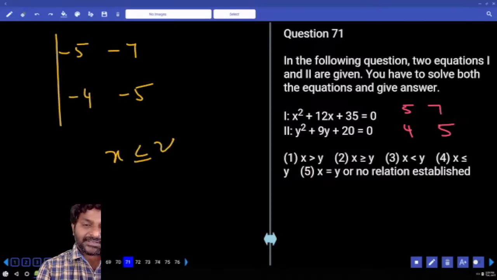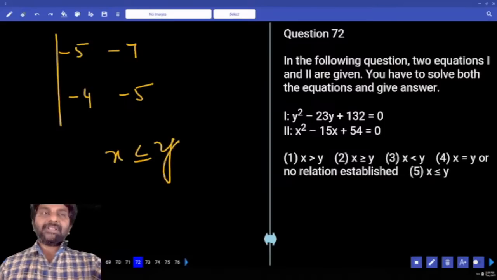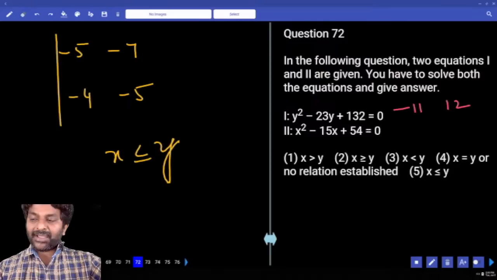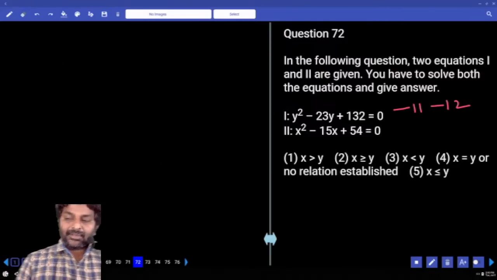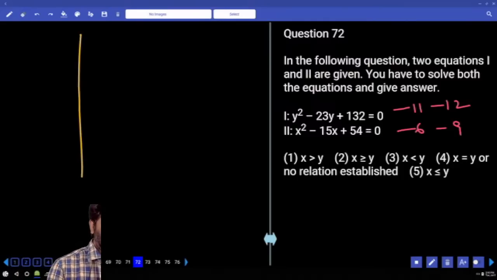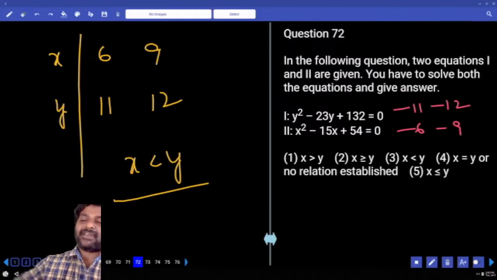X is less than or equal to y. 132: 11, 12 times, -11, -12, right? 54: 6, 9 times. Then factors are, come on. For x it is 6, 9. For y it is 11, 12. X is less than y.